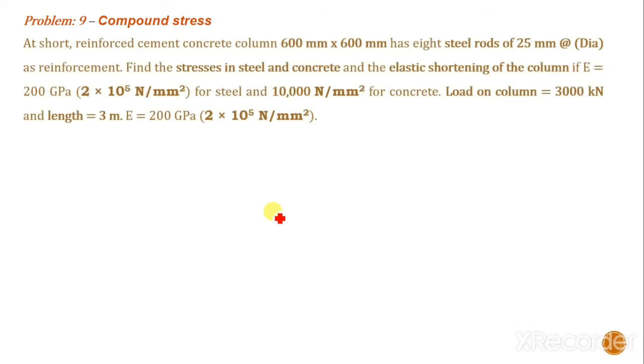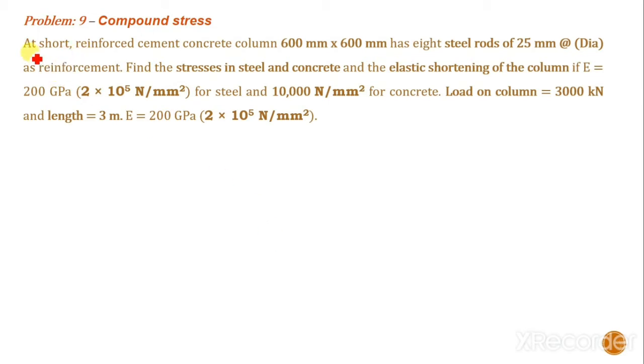So here is the question. As seen earlier, better write the given data at the beginning so that you don't get confused. So write the given data and draw a rough figure of the problem. Then it will be simpler for you to completely solve the question.